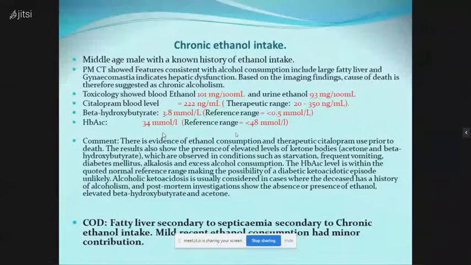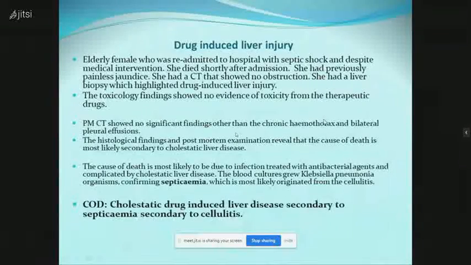But we put the cause of death as fatty liver secondary to septicemia and chronic ethanol intake. So there was no acute ethanol intake at the time of death.